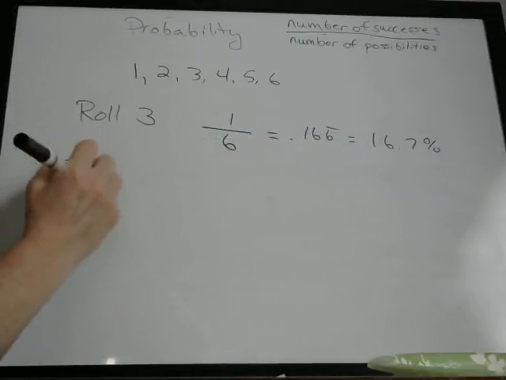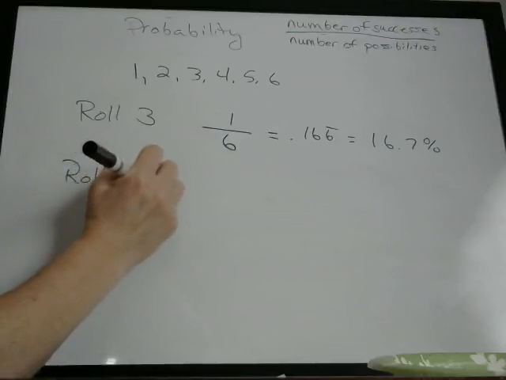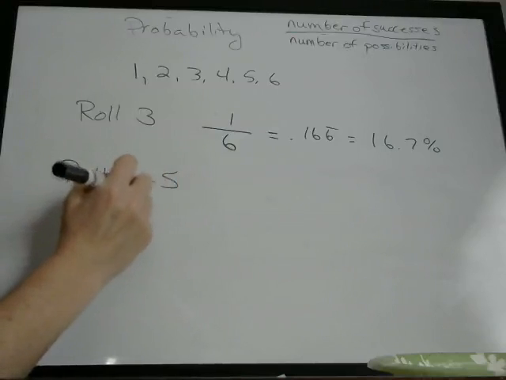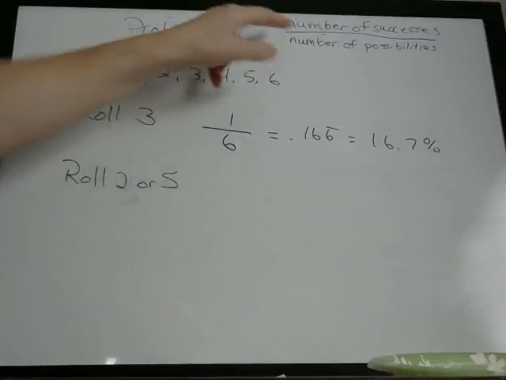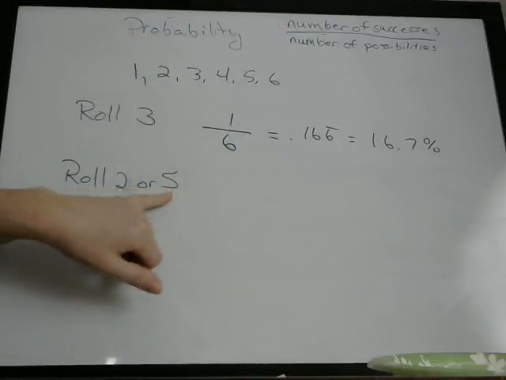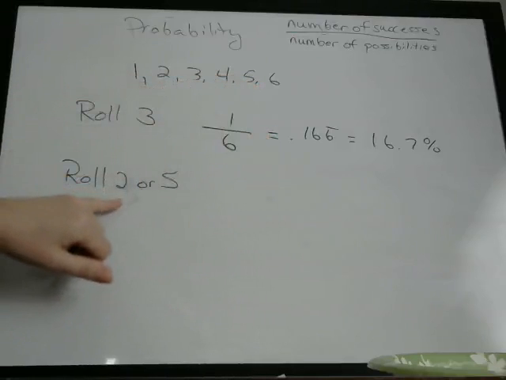Alright, so how about if they say, what's the probability of rolling a 2 or a 5? We want to roll a 2 or a 5. Well, if we roll a 2, we're going to consider that a success, or if we roll a 5, we consider that a success. There's 1 2 and there's 1 5.